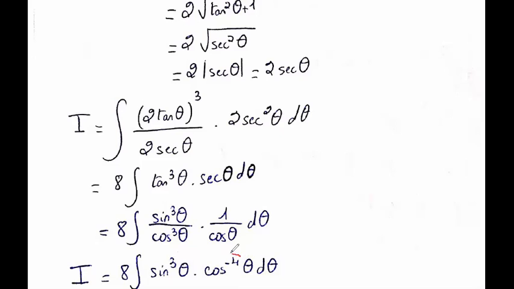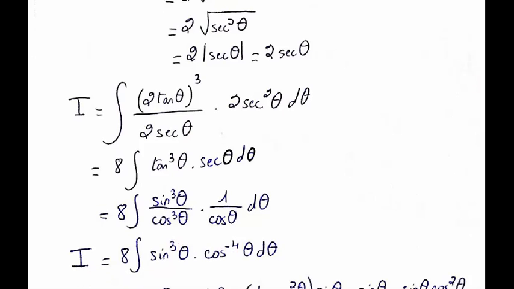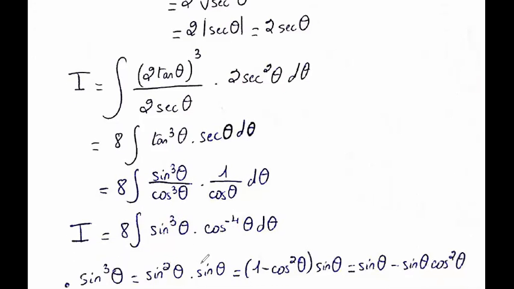Now here, the power of cosine is even, and it's negative also. The power of sine is odd. So what we do is we take sine cubed, we write it as sine squared multiplied by sine. Sine squared is 1 minus cosine squared, multiplied by sine, so we get sine theta minus sine theta cosine squared theta.